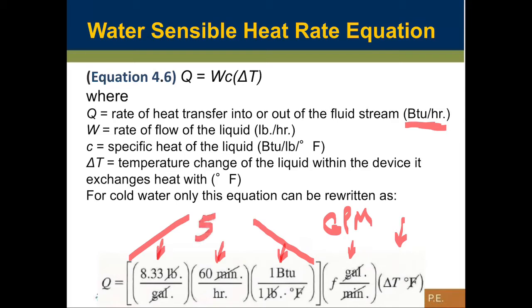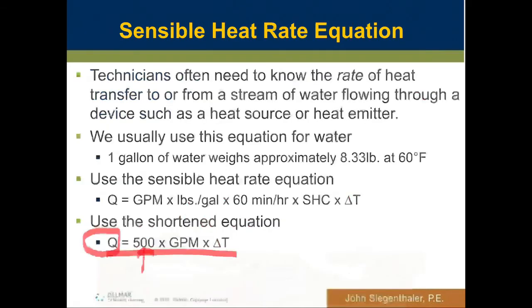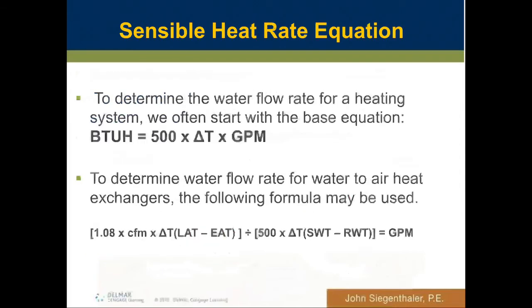If I look at the 8.33 times 1.0 times 60, this right here is going to come up to close to 500. It'll actually come out to about 499.8, but we rounded up to 500. It's close enough for applications in the field, but it's a fantastic equation. We use it all the time in hydronics.